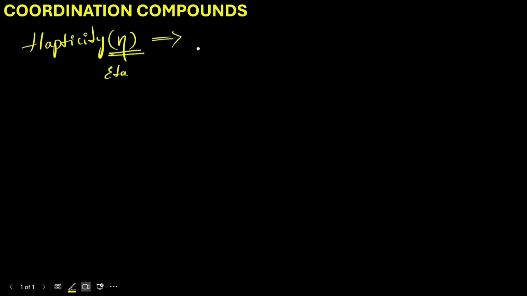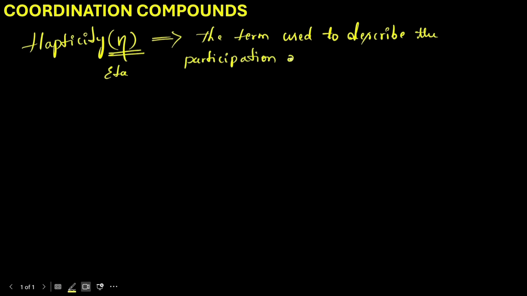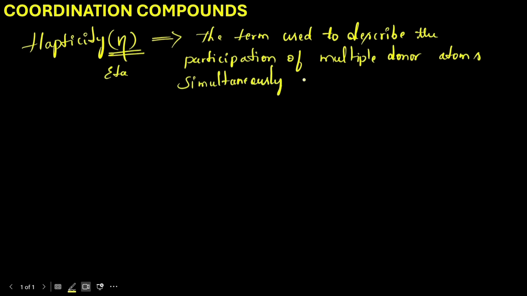So here hapticity means the term used to describe the participation of multiple donor atoms simultaneously during the pi coordination. Okay, so we will see what it is.